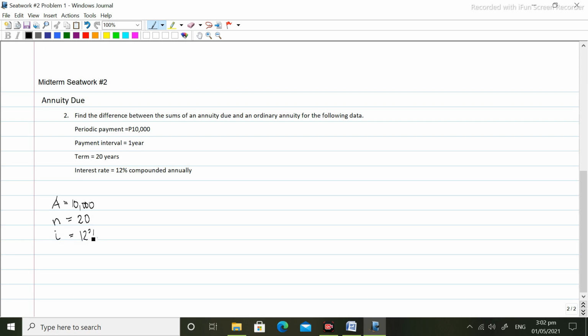Okay? So, let us first find the value of the annuity due. The formula for the annuity due, we designate F for the annuity due.